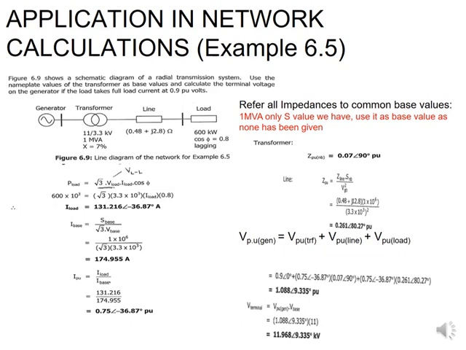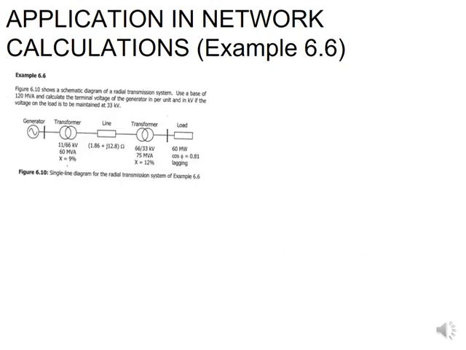So my per unit value was the 1.088, and what is my base value? Where do I get my base value from? I get it from the transformer. And then I can say that my voltage at the terminal is going to be that 11,968 at those degrees.